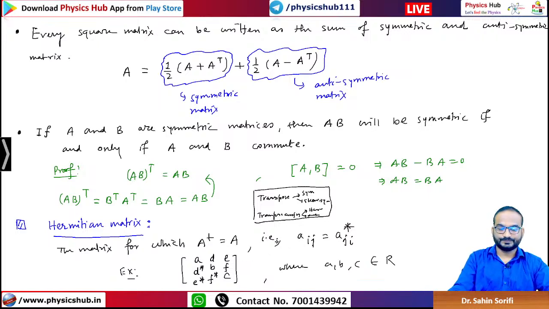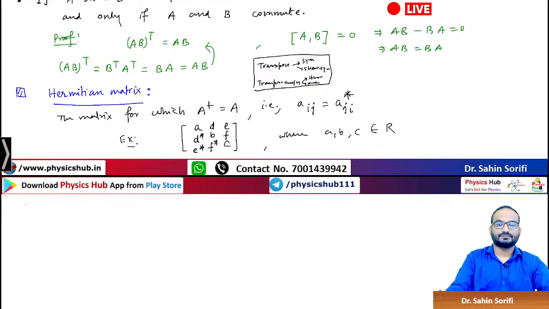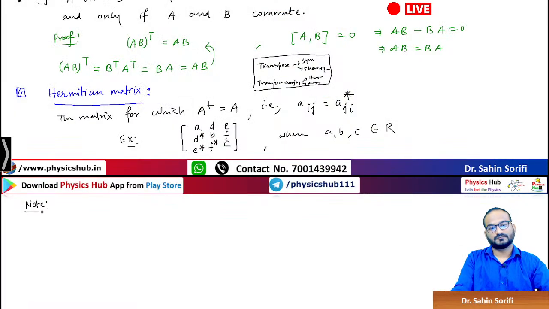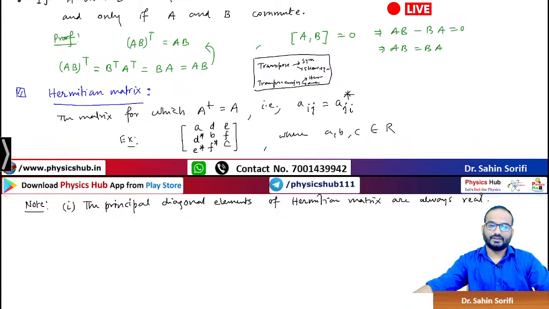The principal diagonal elements of a Hermitian matrix are always real, and this property is very much useful.